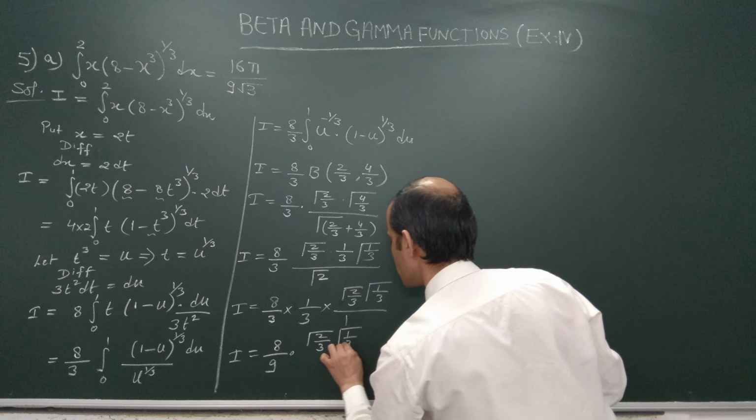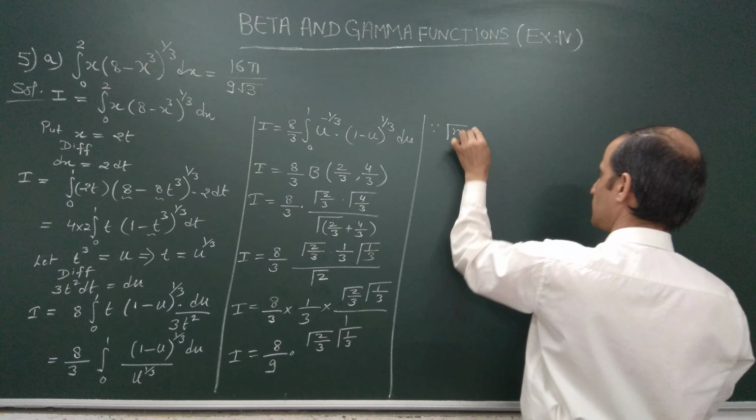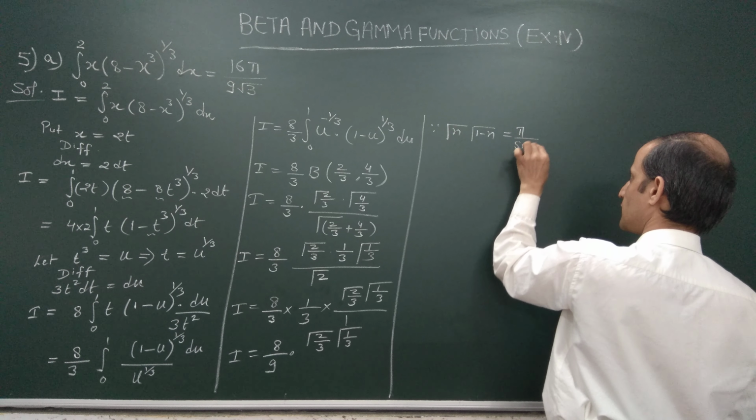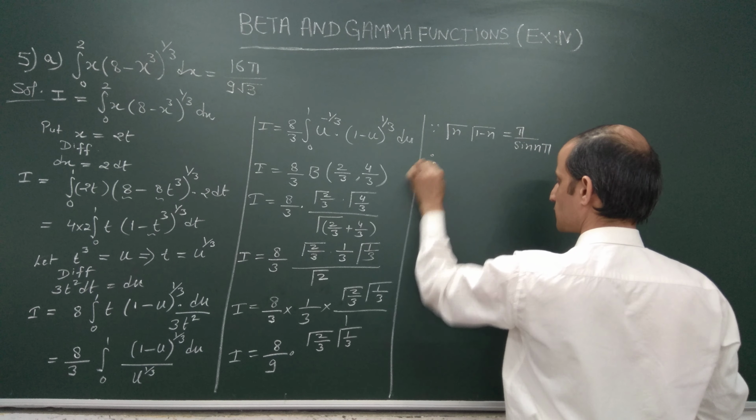Now again by the property we know that gamma n into gamma 1 minus n is equal to pi upon sin n pi. Therefore, putting n equal to 1/3, gamma 1/3 gamma 2/3 is equal to pi divided by sin pi by 3.